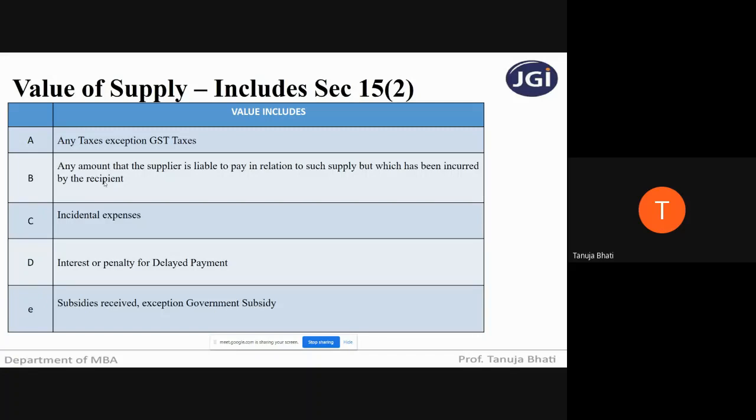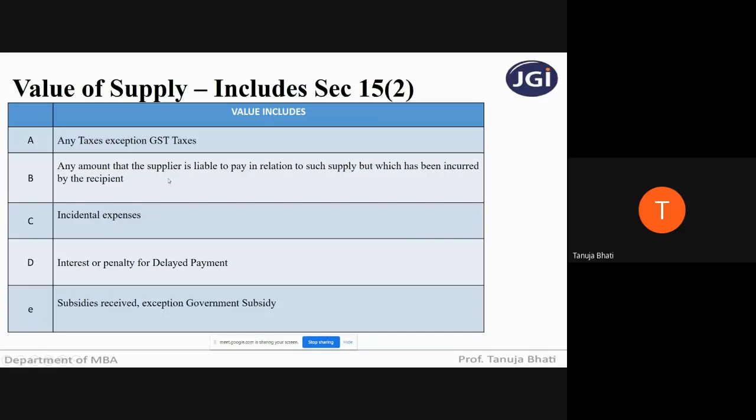Now, actually, who had to bear the expense? The supplier. But who bore the expense? The recipient. Suppose the transportation charges are 2,000 rupees, just as an example. Then this 2,000 rupees has to be added to that 50,000. So 50,000 plus the taxes of 5,000, plus this 2,000 has to be added. Why does it have to be added?